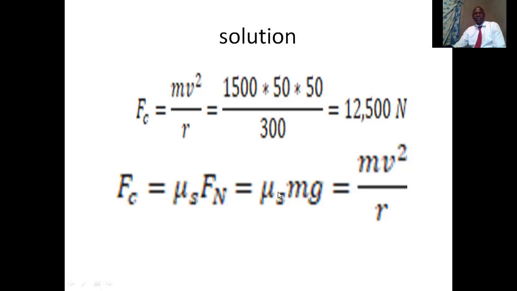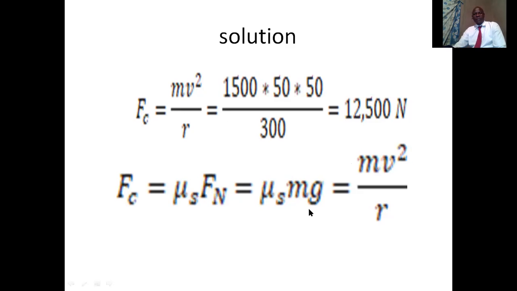And the normal force is equal to mass times gravitational acceleration, which is mg, which should be equal to the centripetal force, which is mass multiplied by velocity squared over the radius. And so we are to calculate the coefficient of static friction.